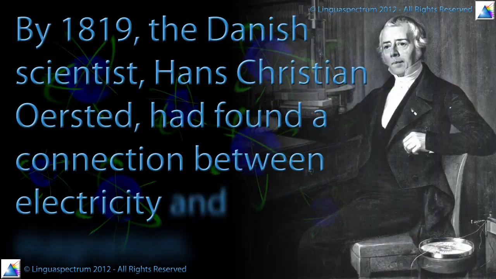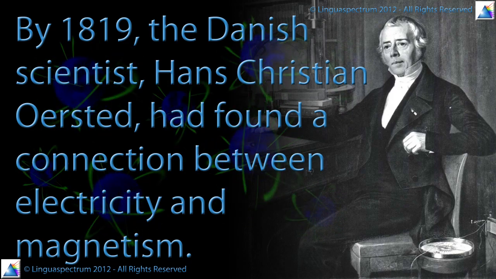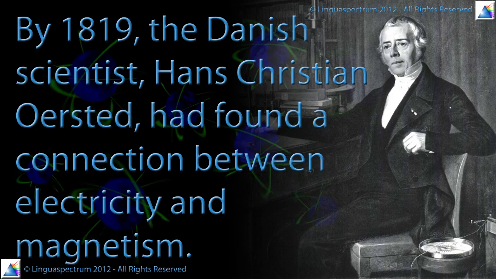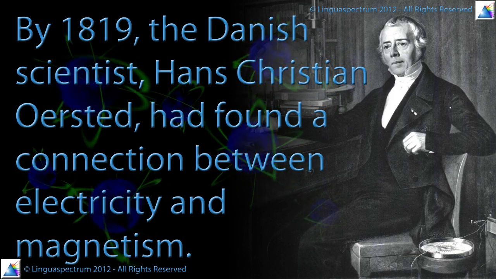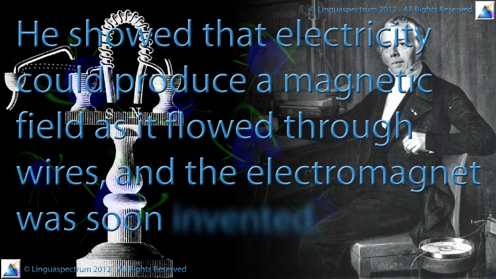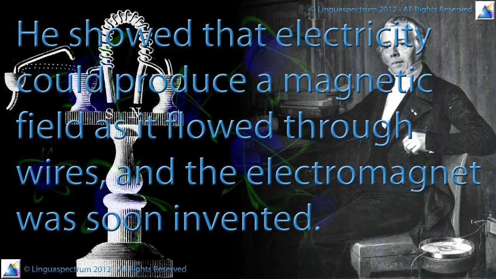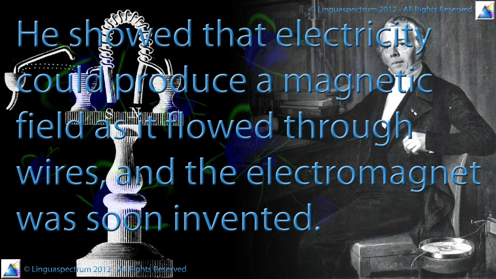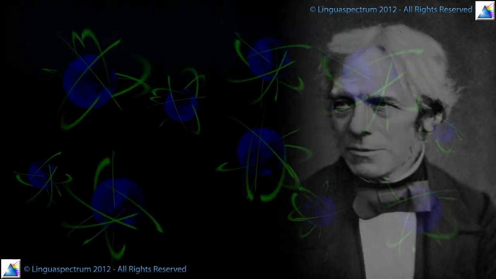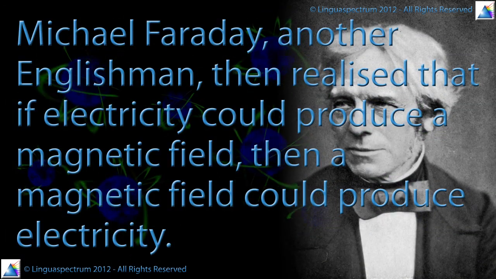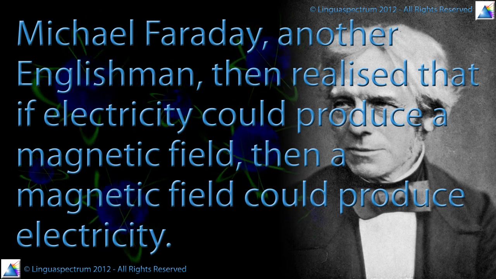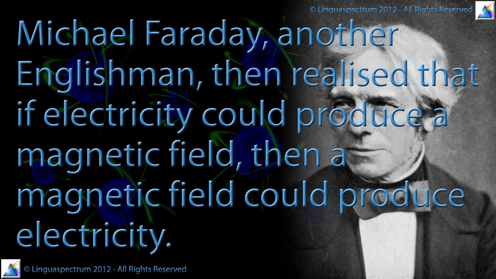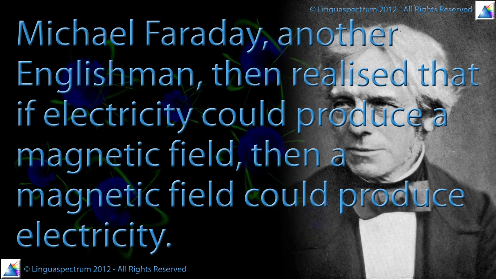By 1819, the Danish scientist Hans Christian Ørsted had found a connection between electricity and magnetism. He showed that electricity could produce a magnetic field as it flowed through wires, and the electromagnet was soon invented. Michael Faraday, another Englishman, then realized that if electricity could produce a magnetic field, then a magnetic field could produce electricity.